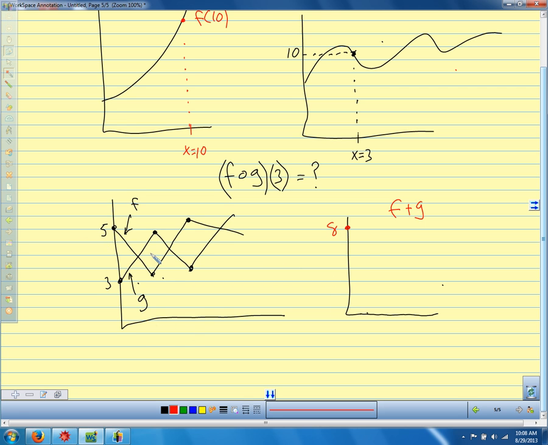And then I would look at the x, let's say that's x equals 5. So I go over here to x equals 5 and plot the point where these two are added together. I don't know where it would be, probably up here further, and connect those.